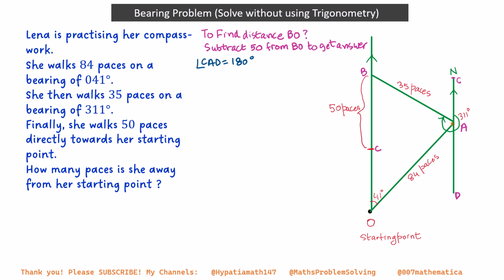So first, to start with, we need to find some of the angles and the sides. CAD is 180 degrees, and then I would extend the line away, and then you see that angle is 41 degrees as well, because this is 41 degrees, and of course they are parallel lines, and OA is a transversal cutting through.